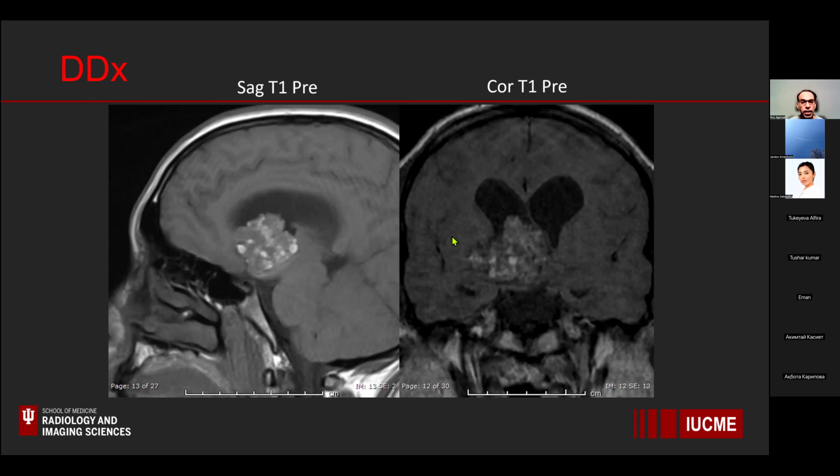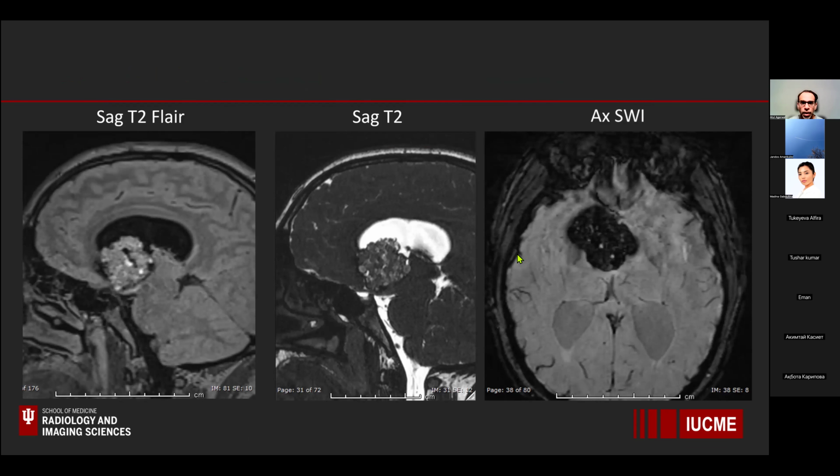Okay, here's a differential case. It looks very much like a craniopharyngioma because it's solid and cystic, very heterogeneous on T1. Here's the same mass on T2. And the surprising finding was the really dark susceptibility signal on the SWI sequence, which really caught us by surprise.